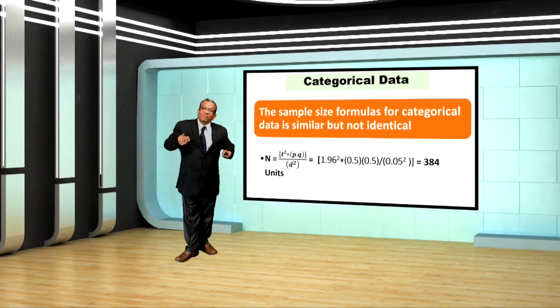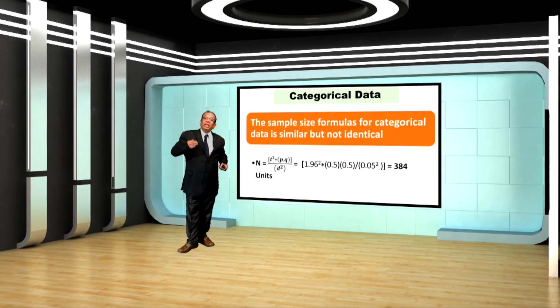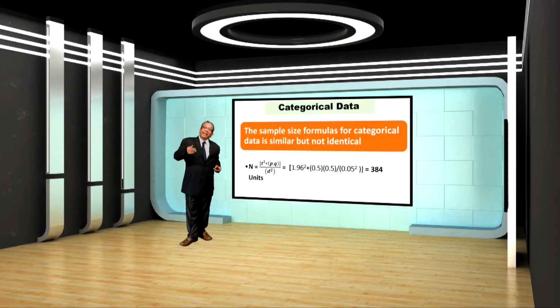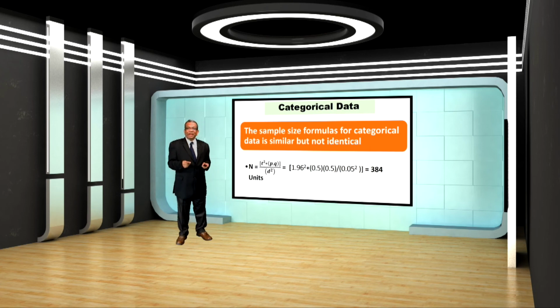Any other lesser value for p will only give you a lesser value. For example, if p is equal to 0.4, it will be 0.4 into 0.6, which is 0.24. Therefore, let us imagine that we should get a higher sample value so that we will not have many errors.